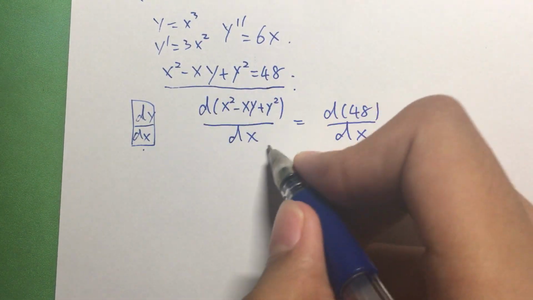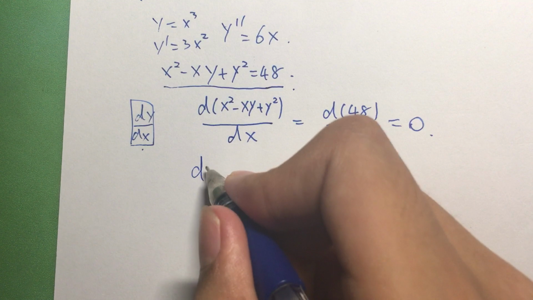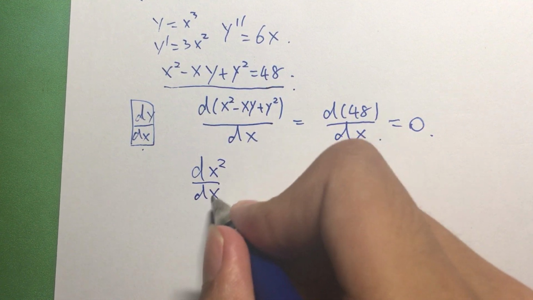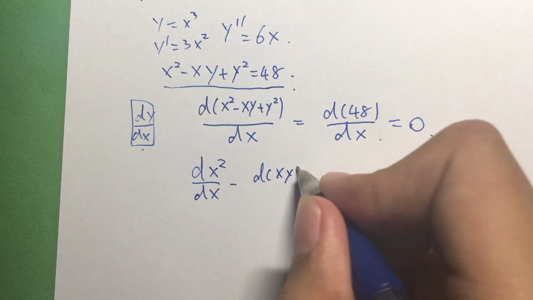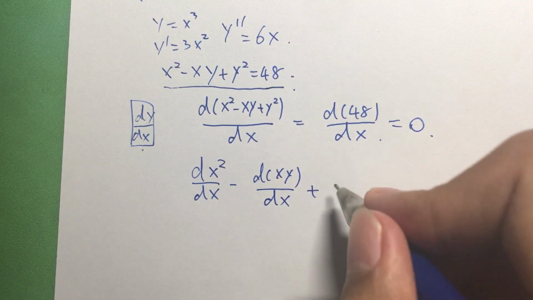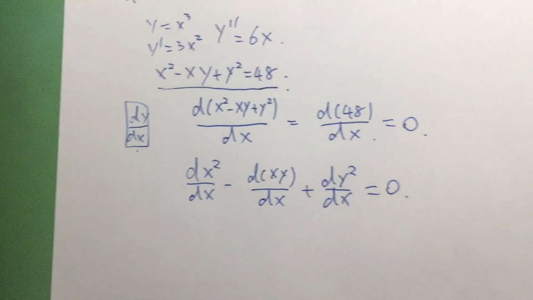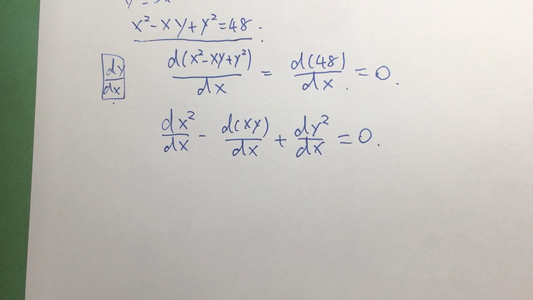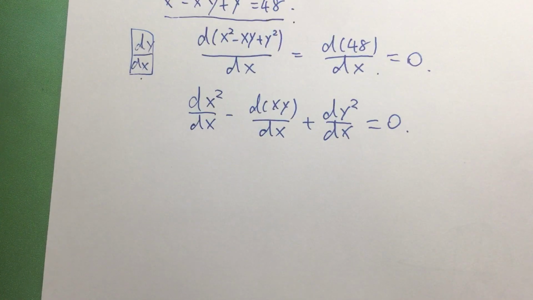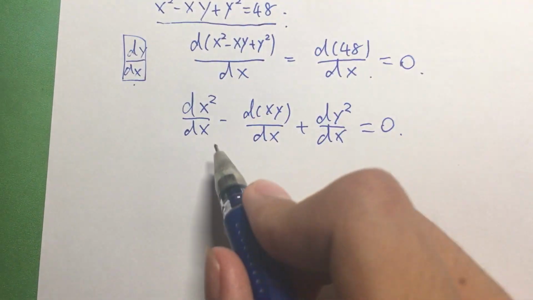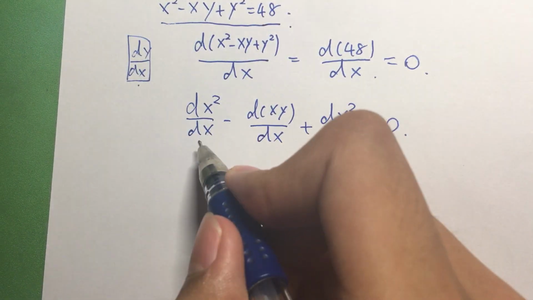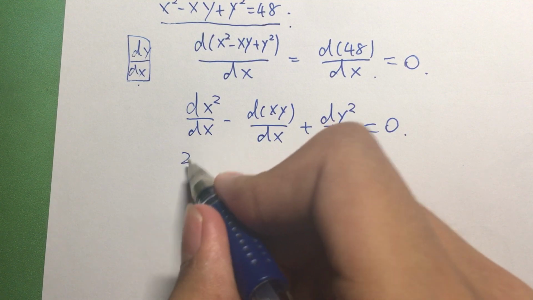And now let's try to expand this, which will become dx squared over dx minus dxy over dx plus dy squared over dx equals 0. So dx squared over dx will become 2x.